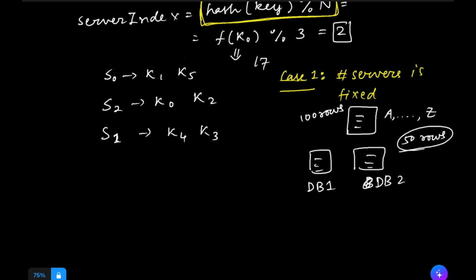The distribution is such that database 1 stores data with characters A to P and database 2 stores characters Q to Z. Suppose the data which we initially had was 80 rows of only A, and the remaining rows had the remaining characters.